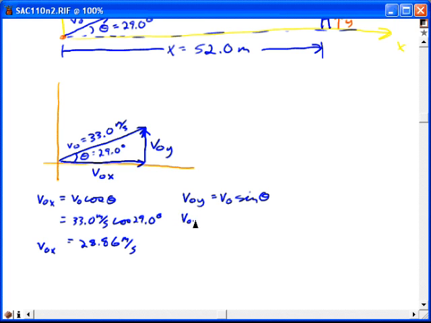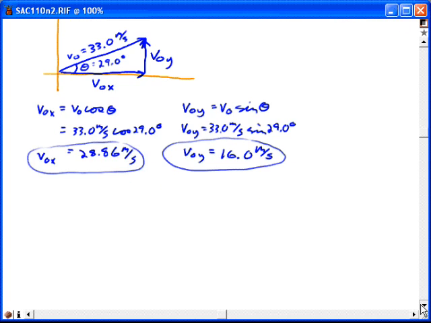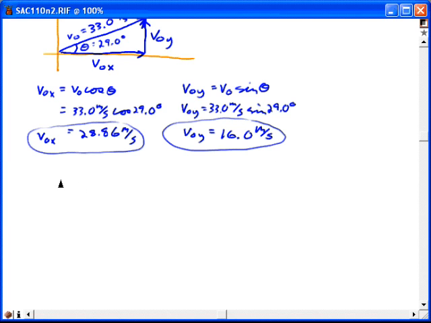So V0y is 33.0 meters per second times the sine of 29.0 degrees, or V0y is 16.00, if you wish, meters per second. It's actually good to 4 sig figs, but I'm going to just write it as 16.0. And V0x over here.